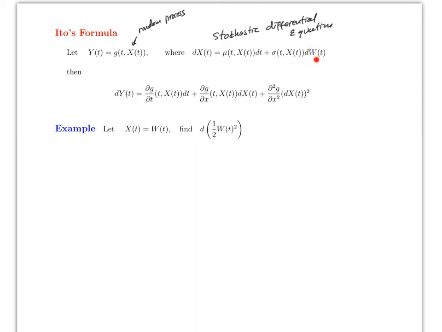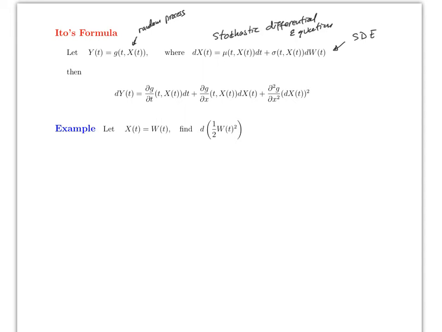Notice here, Brownian motion is what's giving this process the randomness, and mu is a function that could depend on both of them, but in most of the problems we will do, mu and sigma are usually just constants. Stochastic differential equations of this type are usually just called SDE.